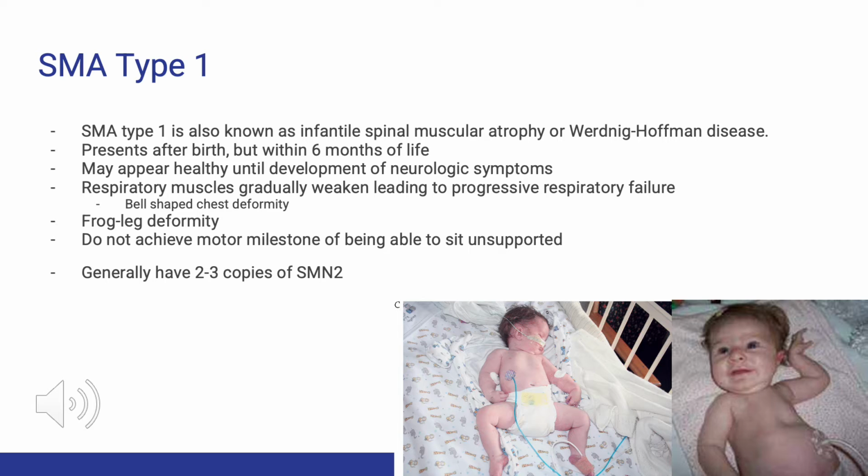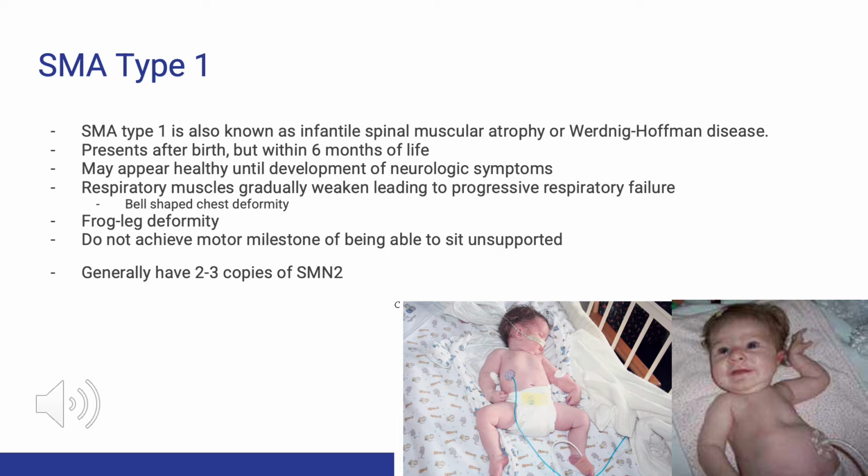Moving on to SMA type 1, or the second most severe form of SMA. It's also known as infantile spinal muscular atrophy, or Werdnig-Hoffmann disease. Now, this form of SMA presents after birth, but within the first 6 months of life.